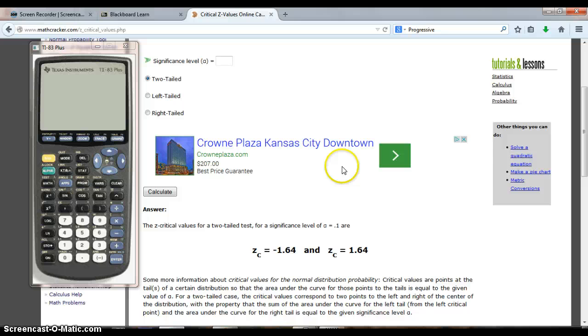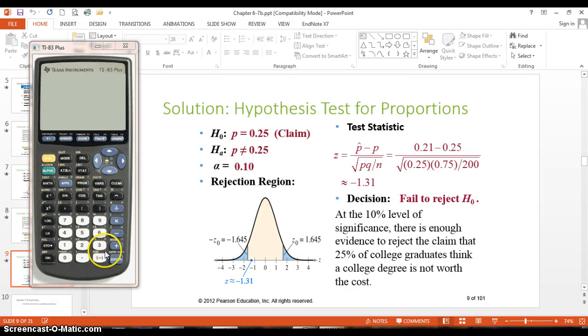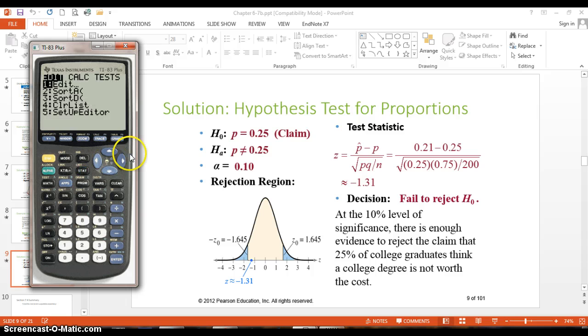So let's plug our data now into the graphing calculator. Hit stat, arrow over to test, the one prop Z test. Okay, our proportion of interest we think is 25%, 0.25. That's the proportion we use in our hypothesis statements.